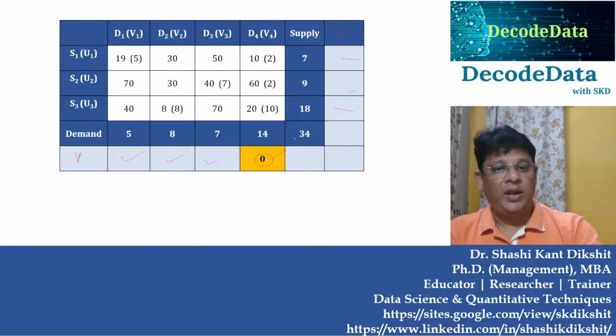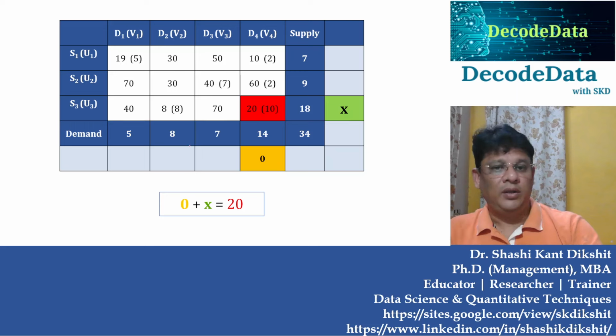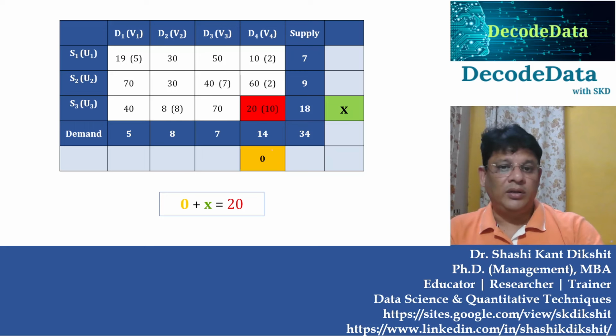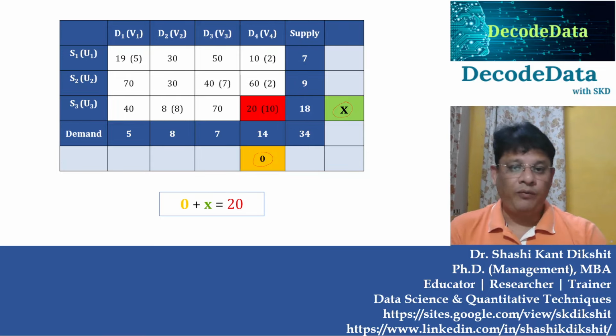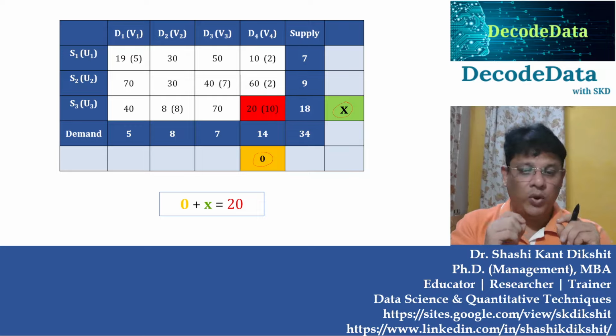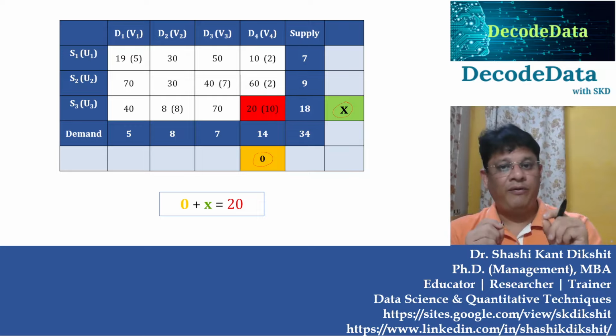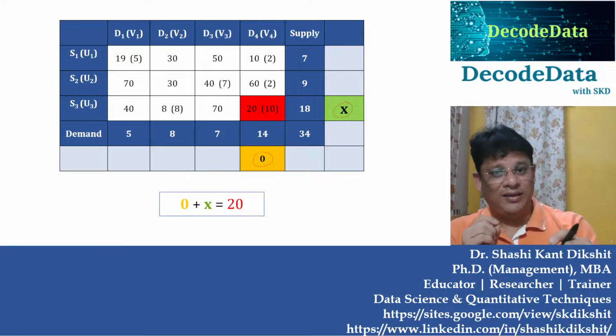How will we calculate? The formula is this value and the intersection point, right? Now you have to understand that whenever we calculate the value of u and v, we just talk about the allocated cells only, right?